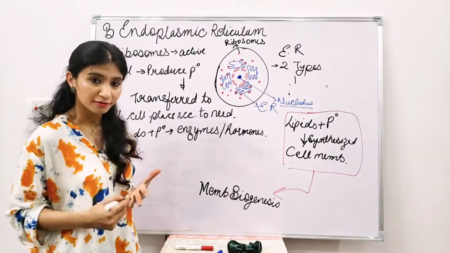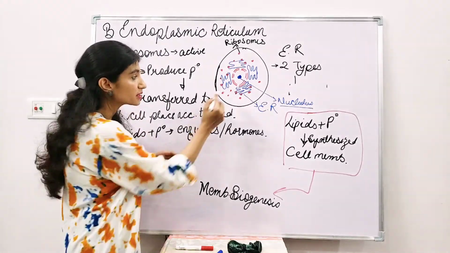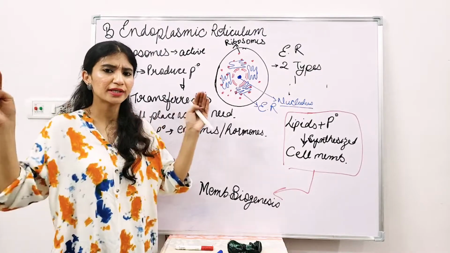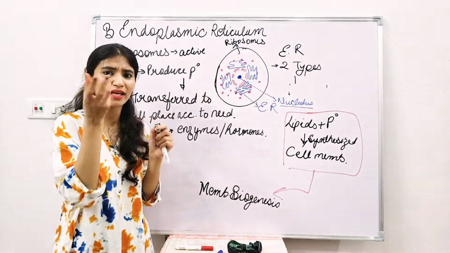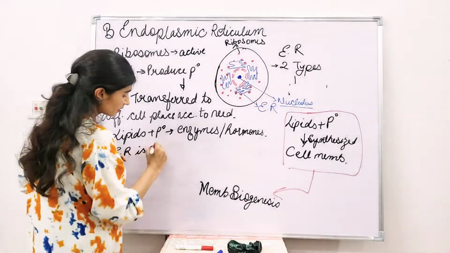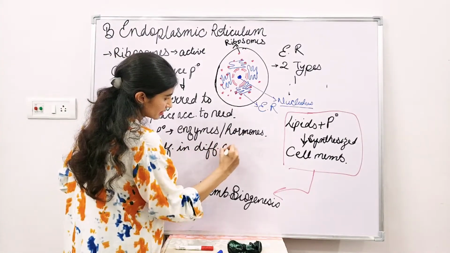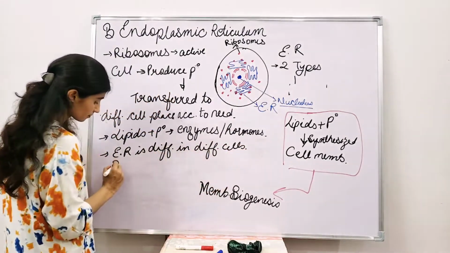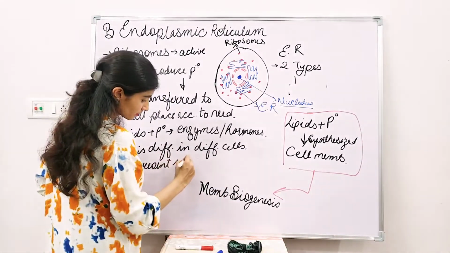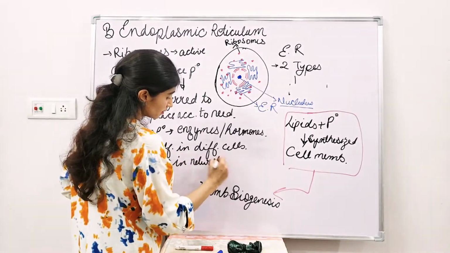It will always be present in the same network system, which means the network system will be the same, but the structure can be a bit different. It can be round, sheet-like, long, or bag-like in structure. So the ER is different in different cells, but is present in network form only.